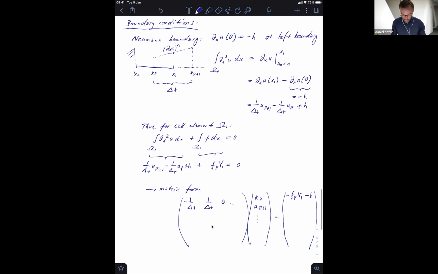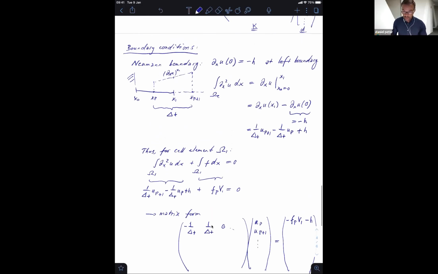So see, the Neumann boundary is fairly easy. We don't need to interpolate this value anymore. We can just stick in the boundary condition for this value. It comes from the Neumann boundary. Unfortunately, that's not the case anymore when we look now at the Dirichlet boundary.